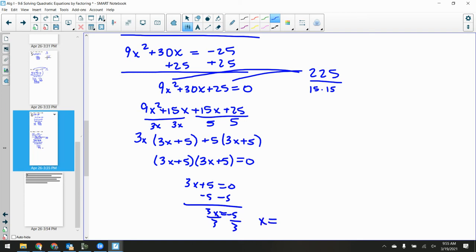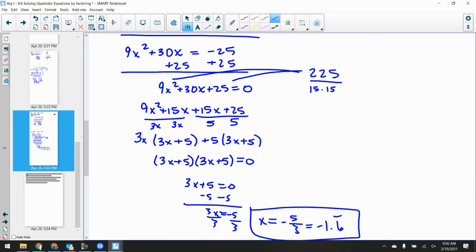Sorry for my poor handwriting. Negative 5/3, or as a decimal, negative 1.6 repeating. Again, fraction, decimal, doesn't really matter. Know that that's not 2 solutions, that's just one. Okay.